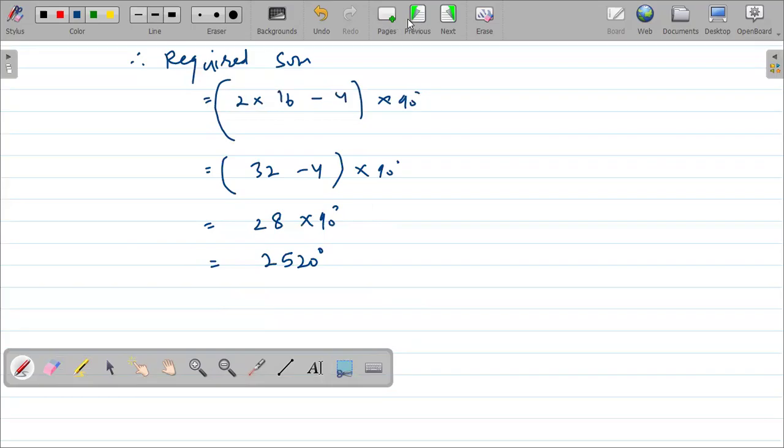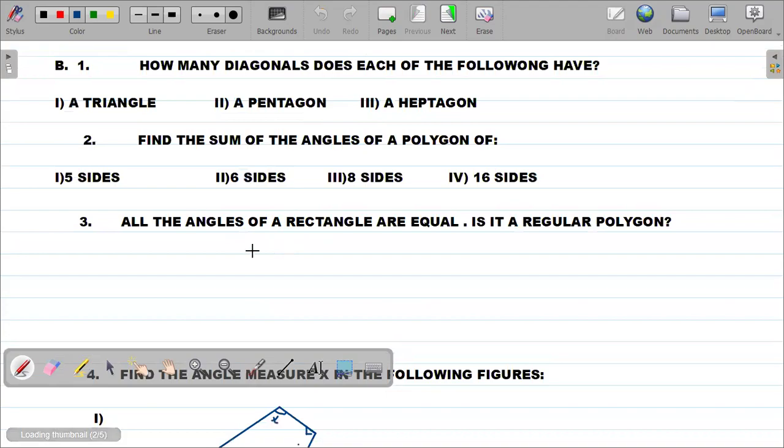Let's come to the third question. The third question says all the angles of a rectangle are equal. Is it a regular polygon?